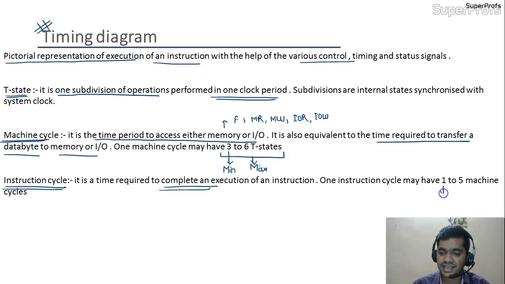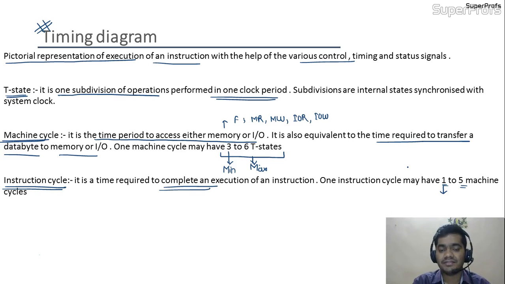An instruction cycle may require either only one machine cycle, or a maximum of 5 machine cycles. One machine cycle means that the whole operation is performed in the opcode fetch, because for every instruction, the first machine cycle is the opcode fetch.